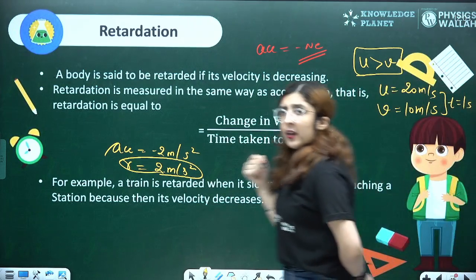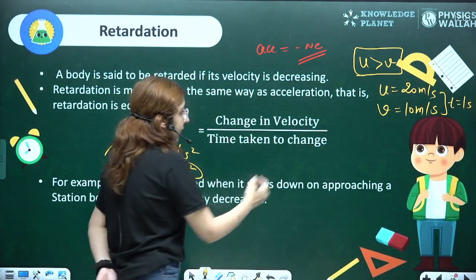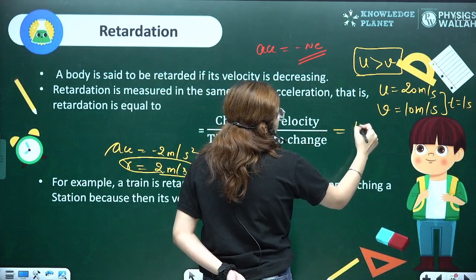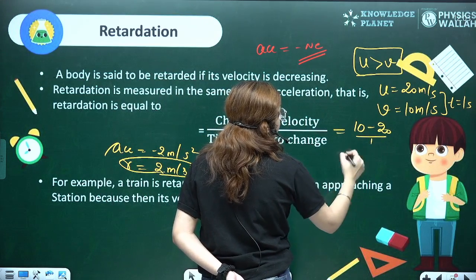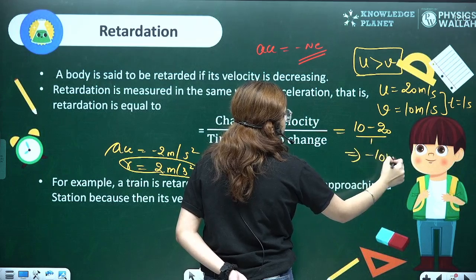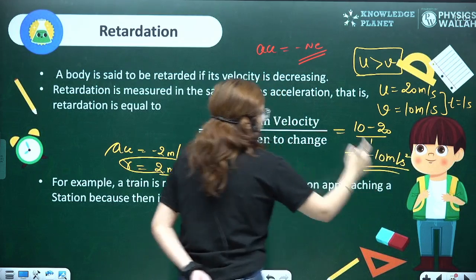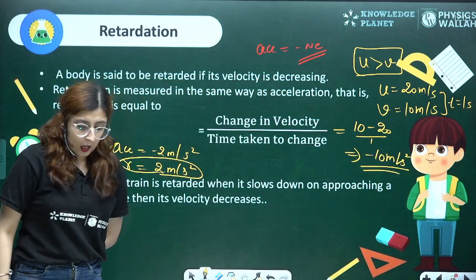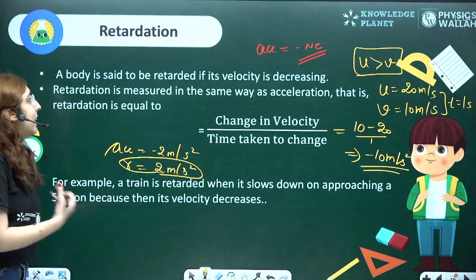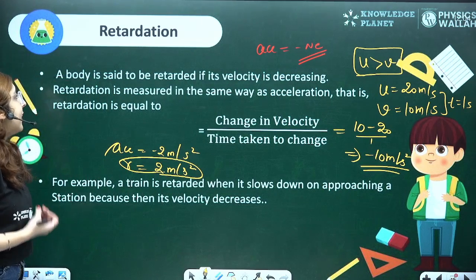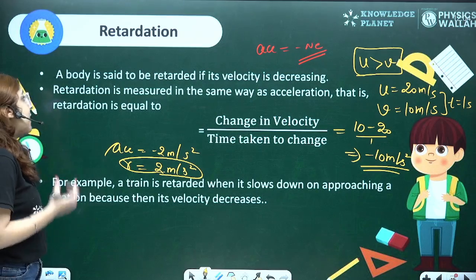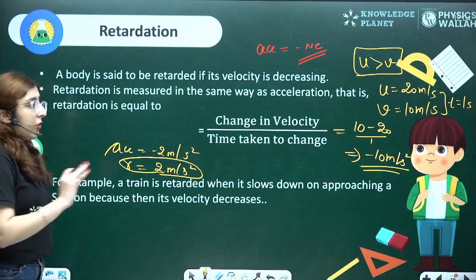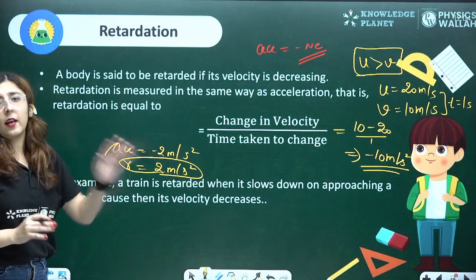So over here, find the acceleration. 10 minus 20 by 1 gives you minus 10 meter per second square. So retardation is nothing but negative acceleration. We say that if velocity is decreasing, velocity is not increasing but decreasing.